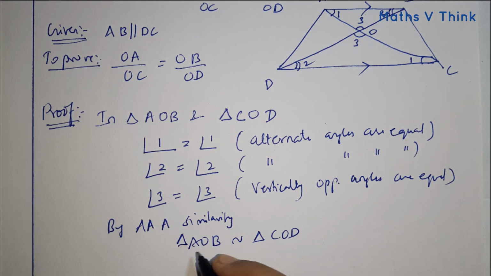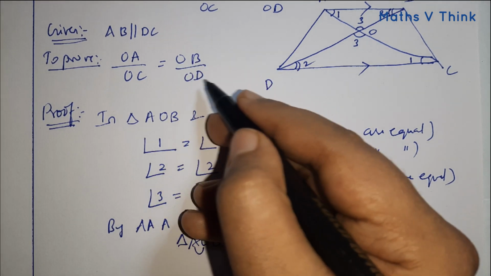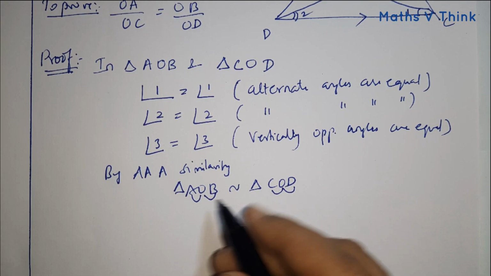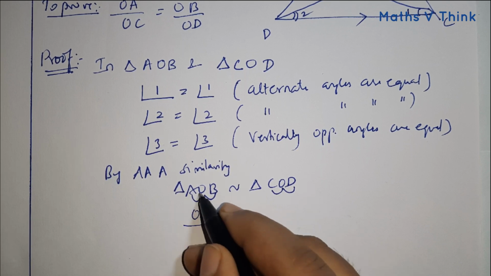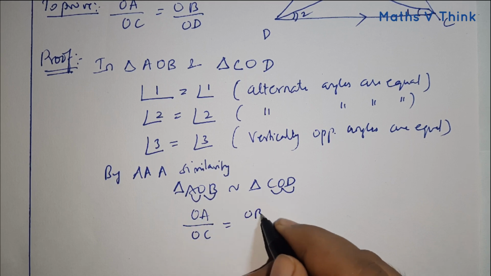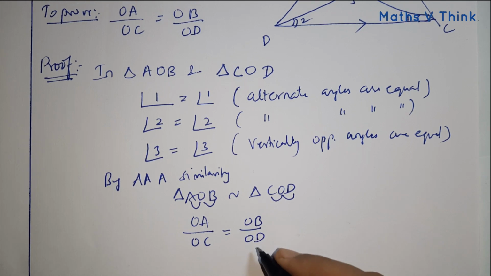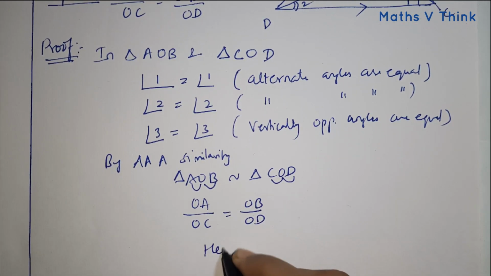So, mark OA and OC. Same way OB and OD. So, now write like OA by this side and this side OC, and same way OB this side and this side is equal to OB. So we got two proof. So hence proved.